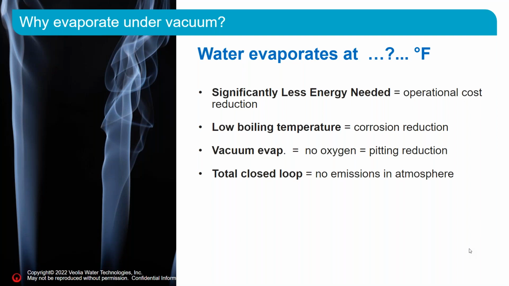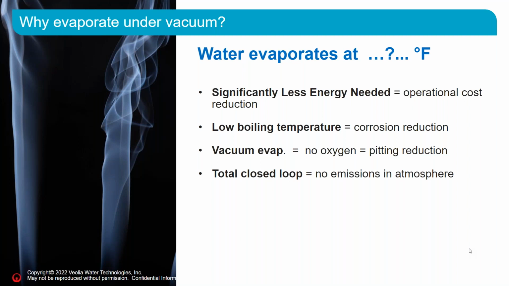Some of the big advantages: substantially less energy is needed to run the system, and substantially lower boiling points mean some corrosion reduction at the temperatures we're running. With it being a vacuum evaporator, there's little or no oxygen available, which reduces additional pitting corrosion. And the best part for us is that there's no true air emission.